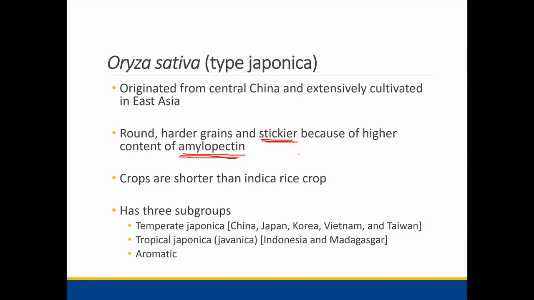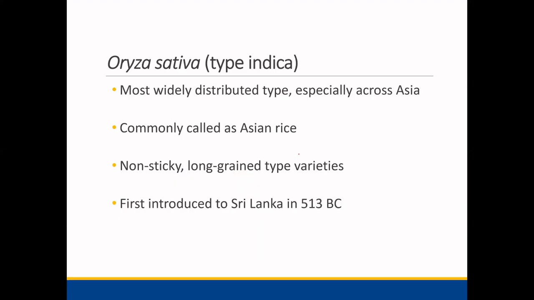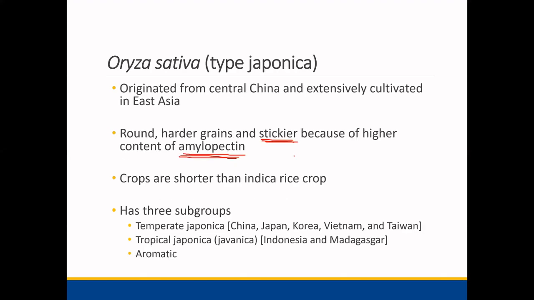But if you take the indica, the grains mostly have amylose, not amylopectin. So that's why they don't have that sticky nature. But the japonica ones are stickier because of the high amylopectin content.